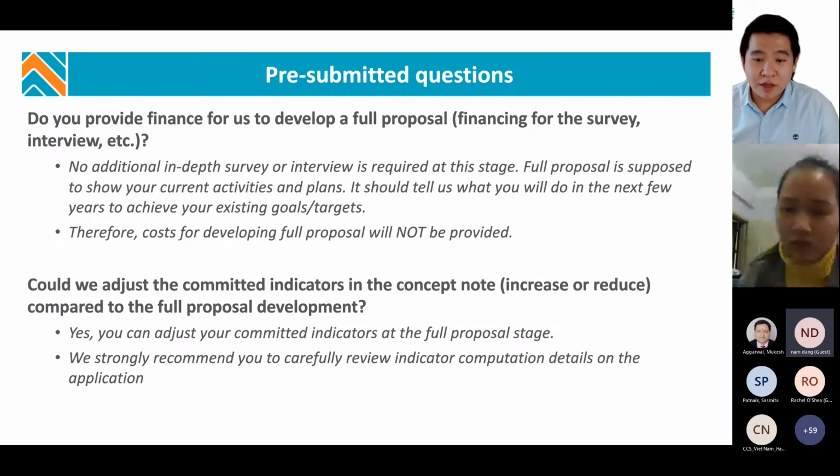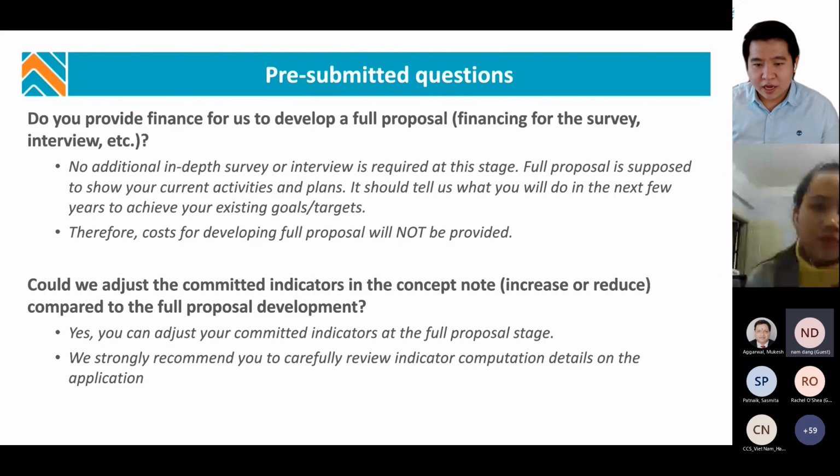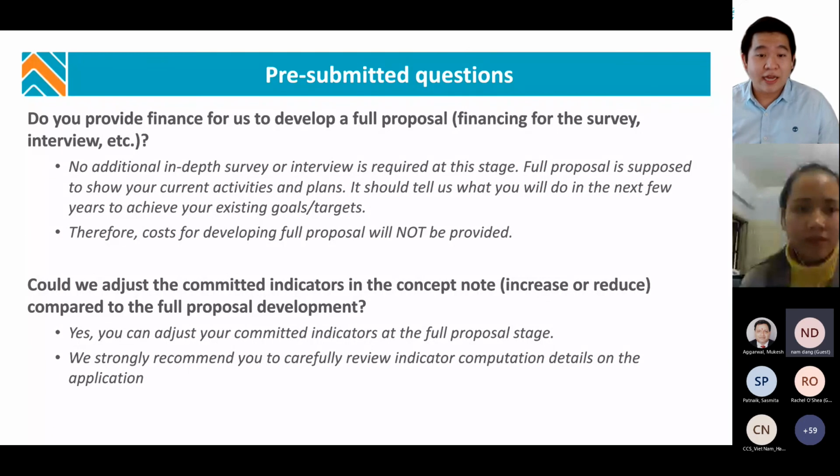Some of the pre-submitted questions are, for example: do you provide finance to develop the full proposal, like a financial survey or something? Basically, no additional in-depth survey or interview is required at this stage. The financial proposal is supposed to show your current activities and plans, and how you plan to scale based on the activities you have really done, so it tells us how you plan to go a couple of years from now.